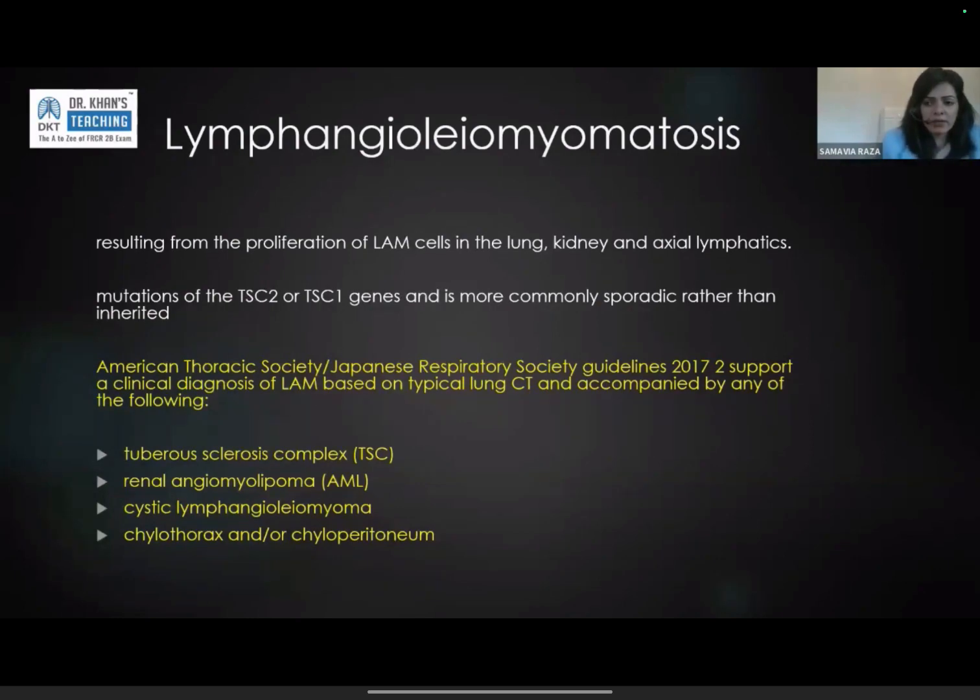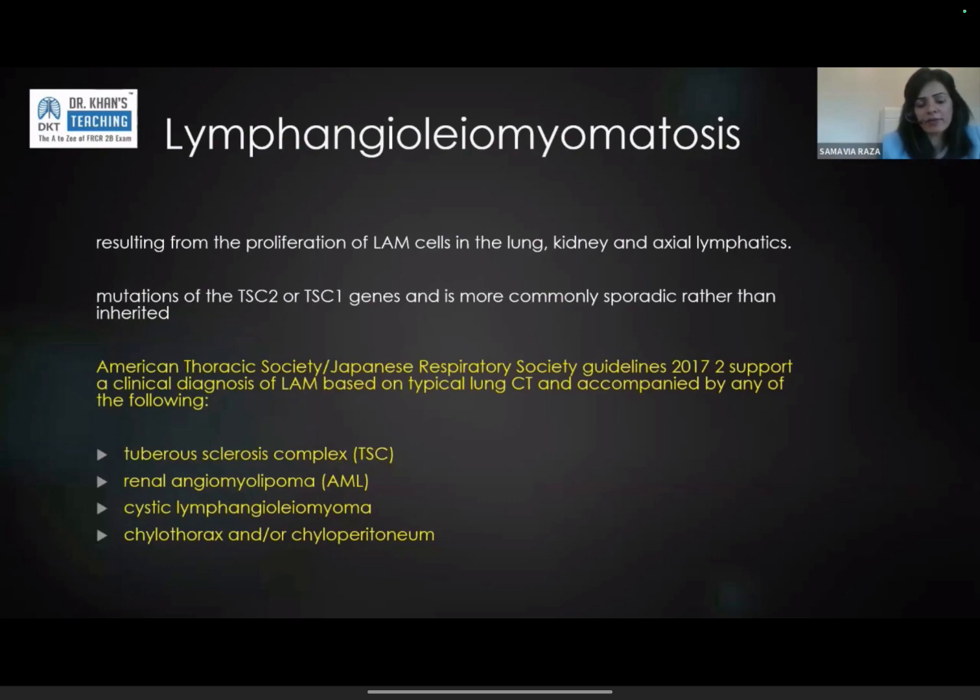LAM is a progressive disease. It is a disease with no cure, the only cure being transplant. It is not an indolent disease. You can't really call somebody LAM and then expect them to do okay.